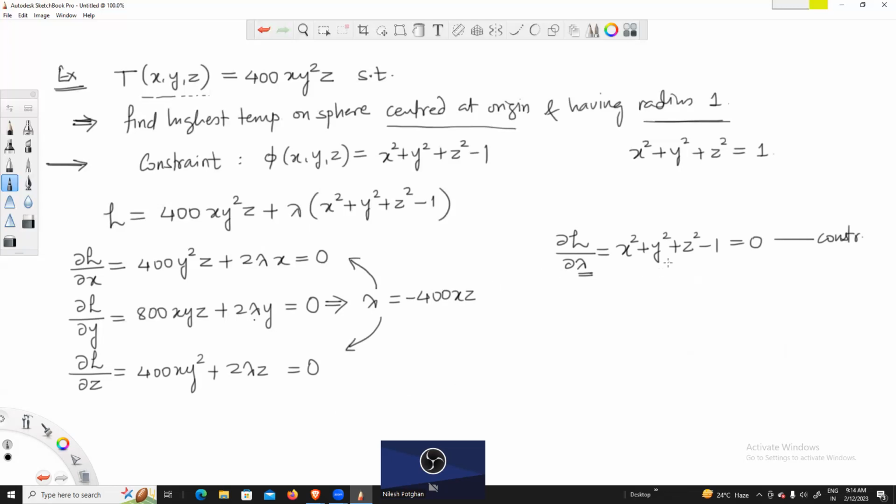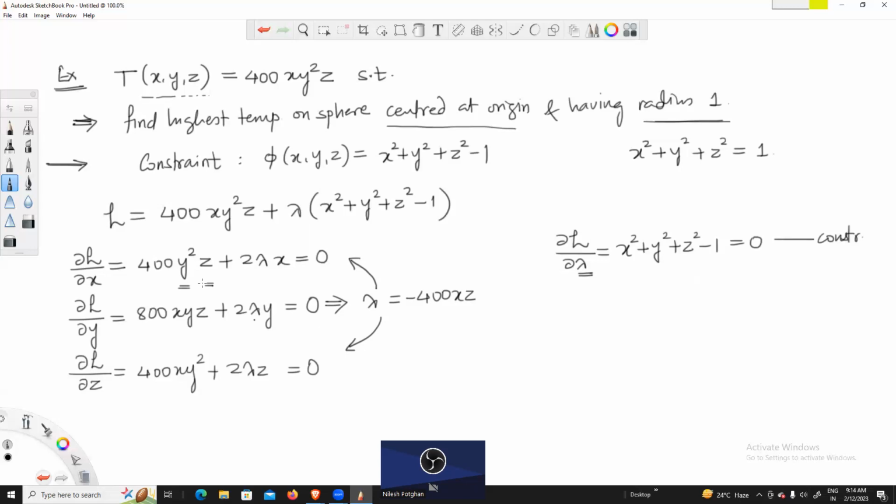So you don't have any lambda over here, you just have x, y, and z. If you put the value of lambda there, you get equations in x, y, and z, and you can solve them. Remember, these are not linear equations, because you have square terms. For a non-linear set of equations, you have to use substitution.